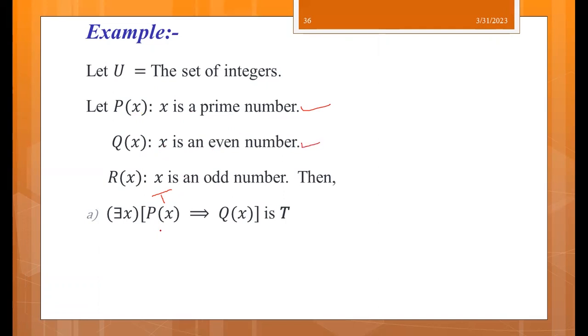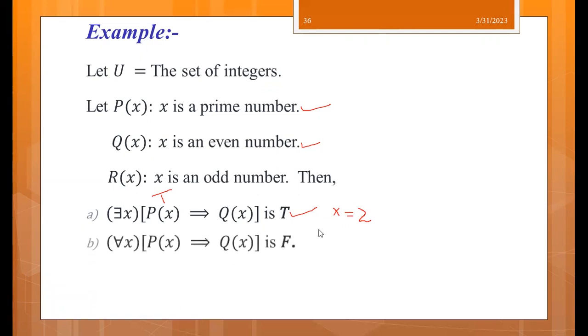It is also true, so both P of 2 and Q of 2 are true, so the implication is true. Therefore, this statement is true, with x equal to 2 as the example. We may also find other integers that make it true, but since it is existential, it is enough to obtain at least one.